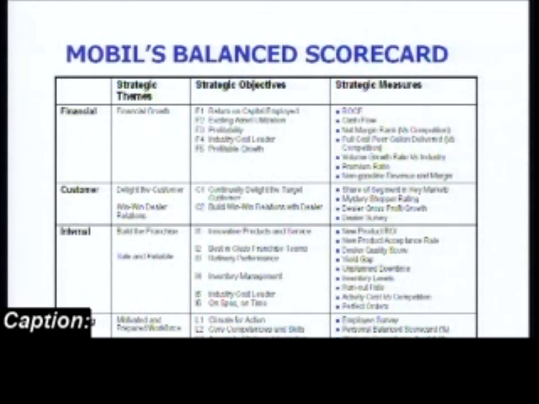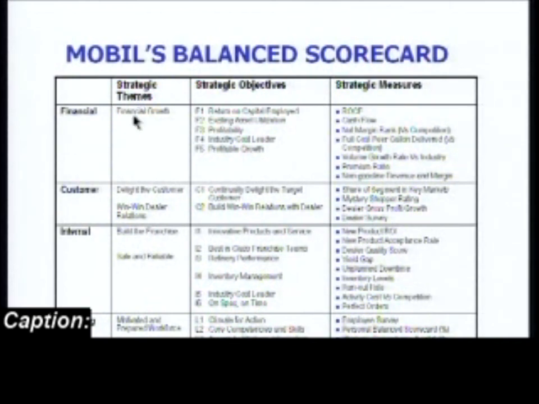Chapter 2 of the 2001 book, The Strategy-Focused Organization, covers Mobil's experience quite comprehensively, and you'll be able to read that balanced scorecard much more readily in that book. Basically, what it shows is the various perspectives. You've got financial, customer, internal, and learning and growth perspective here.